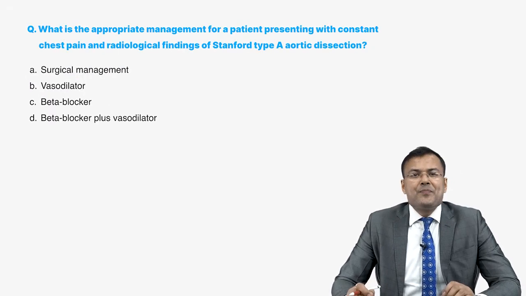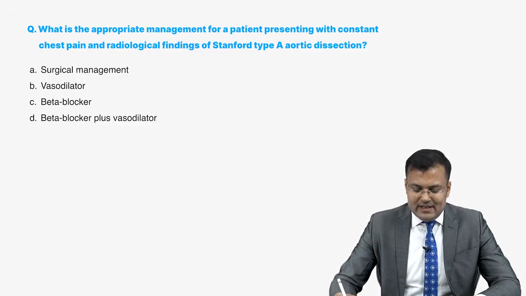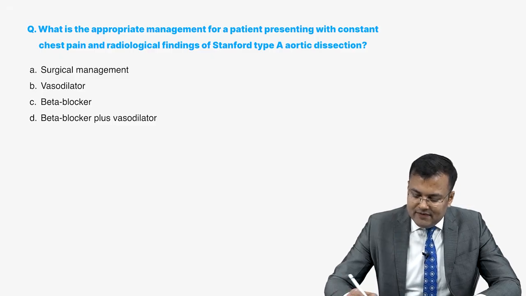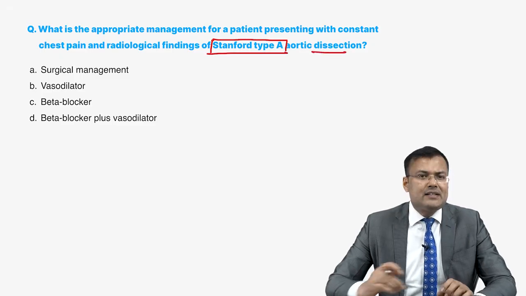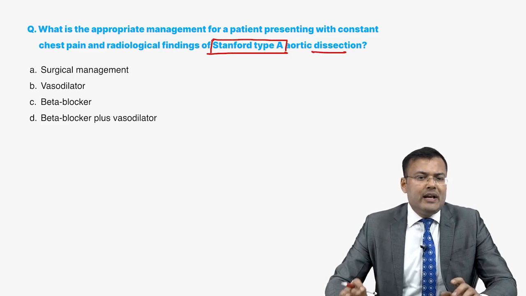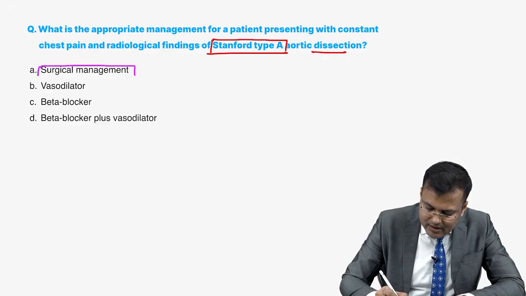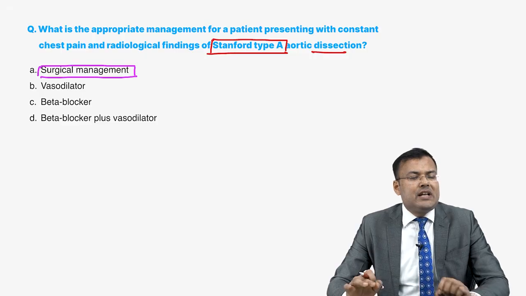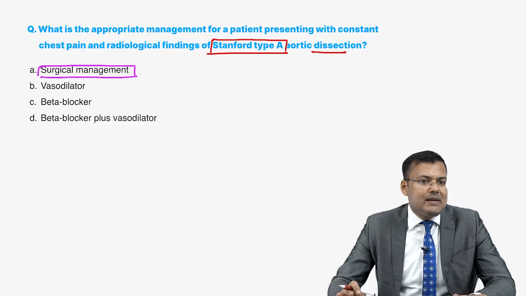Next question: what is the appropriate management for a patient presenting with constant chest pain and radiological findings suggestive of Stanford A aortic dissection? We discussed, if it is Stanford A, we mainly go for thoracotomy and graft repair. So type A is surgical management, but for type B, in which type 3 is included, it's mainly medical management with antihypertensive drugs.